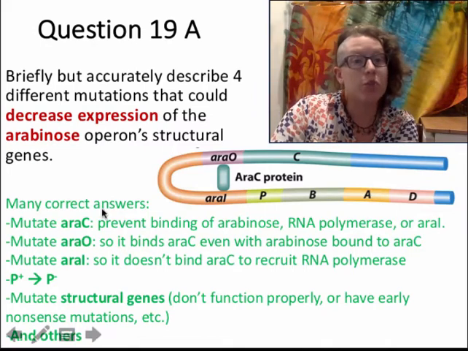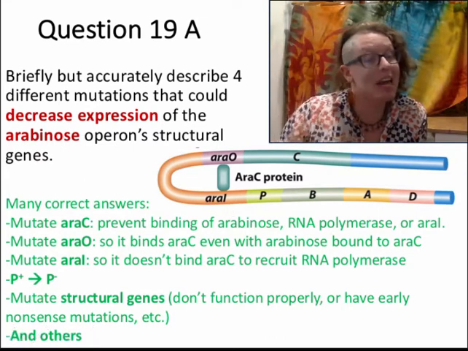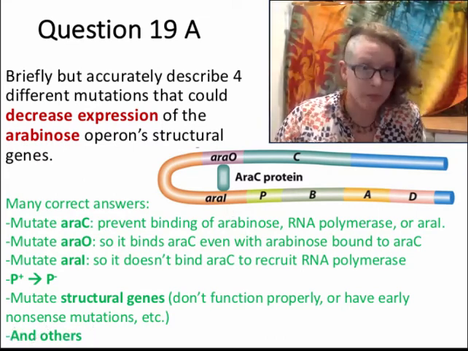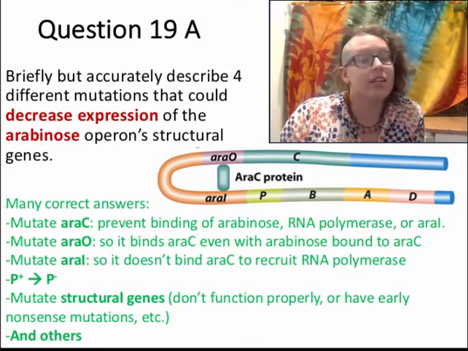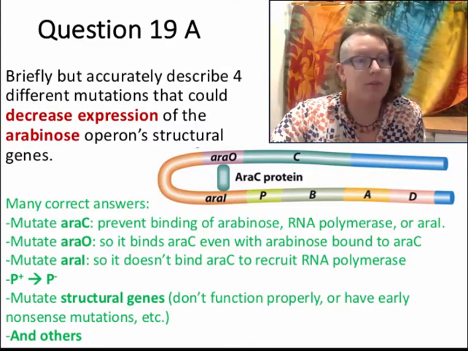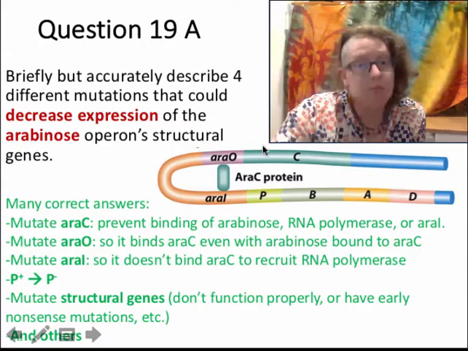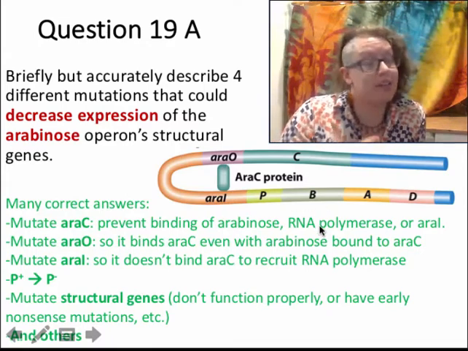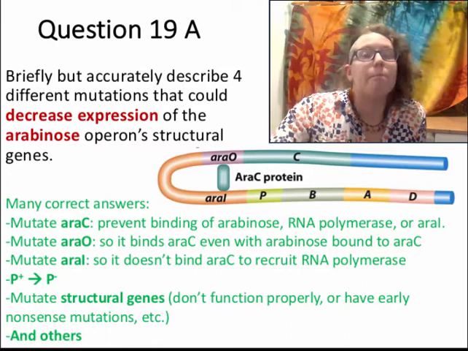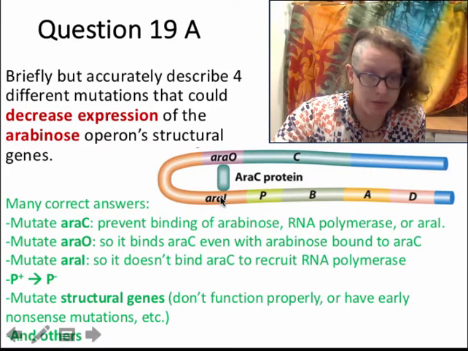So remember, RSC has those 2 different settings. It can be an inhibitor or it can be an activator. To decrease expression, you could either prevent it from becoming an activator by preventing the binding of arabinose, you could prevent it from activating by preventing it from interacting with RNA polymerase, or you could prevent it from activating by preventing it from binding to RI here.